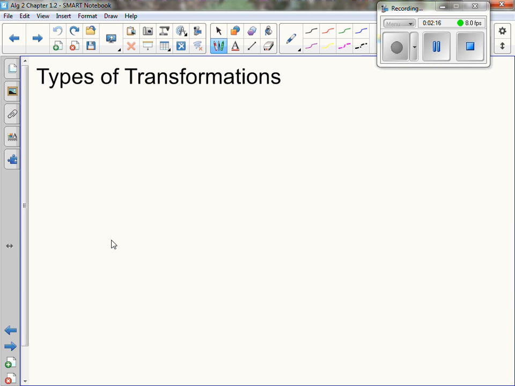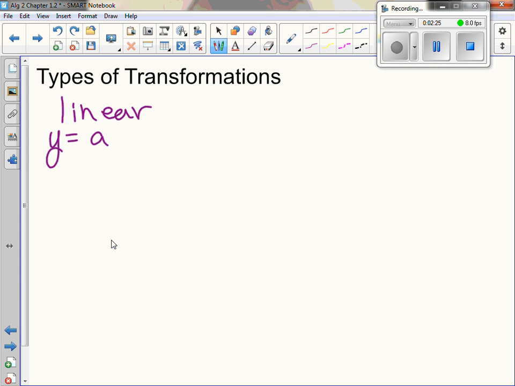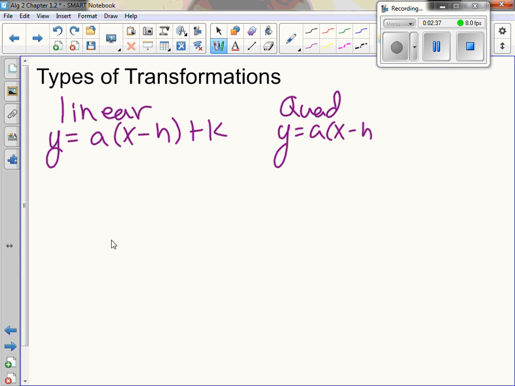Now we had some basic types. Our linear, we define as y equals a times (x minus h) plus k. Our quadratic was y equals a times (x minus h) squared plus k.